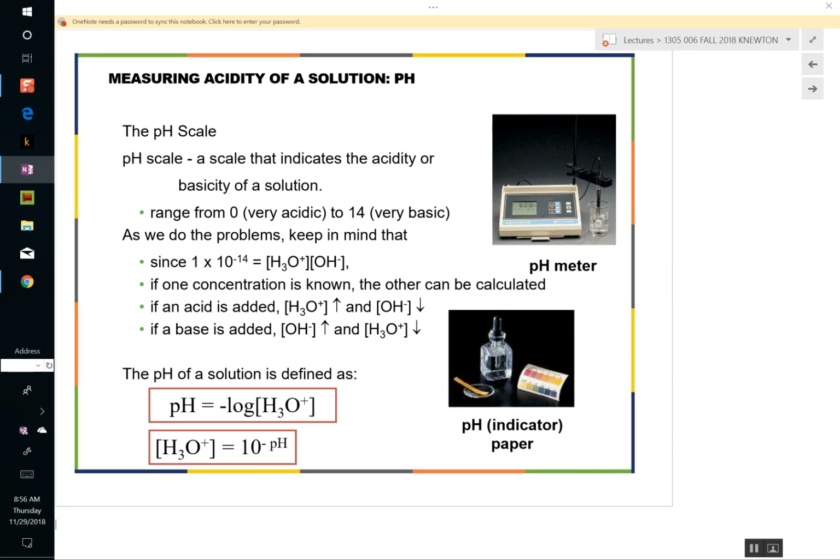It's always asking the question, how much hydrogen ion is in this solution? If it's acidic, the hydrogen ion is high. If it's basic, it's very low. And so the pH, it's a logarithmic scale. It's the negative log of the hydronium ion concentration, pH.